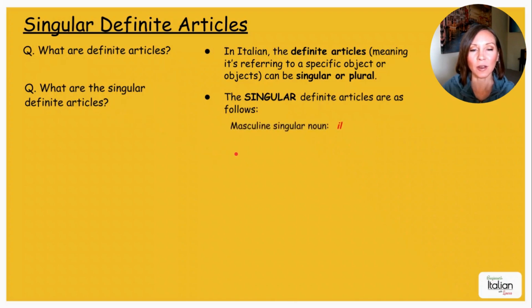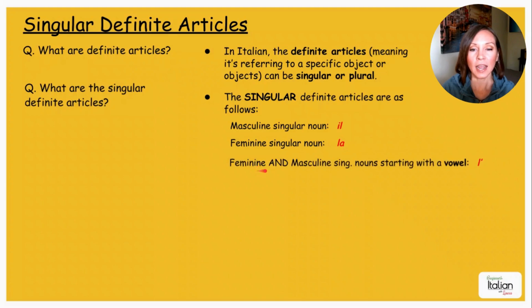Okay, so for a masculine singular noun, we'd use il. For feminine singular nouns, we use la. Feminine and masculine singular nouns starting with a vowel take the L apostrophe. Okay, an L apostrophe, and then the word that starts with a vowel.